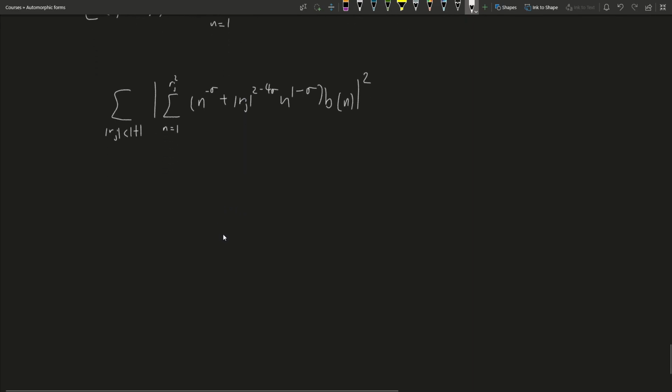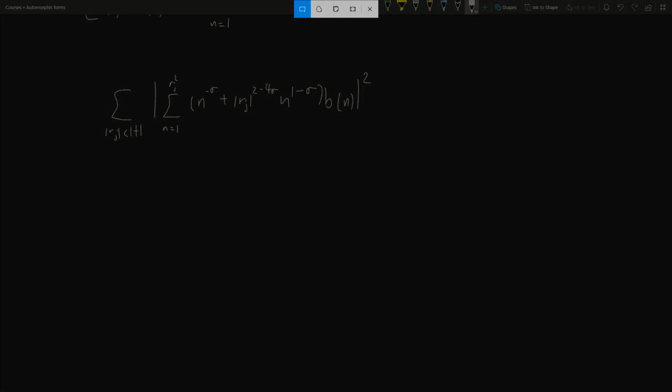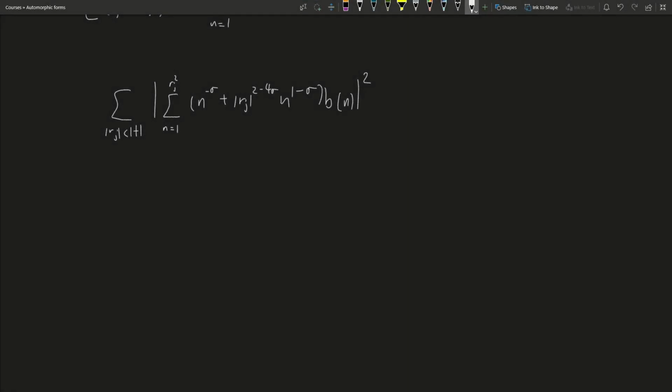And how do we estimate this? Well, this is where the spectral large sieve comes in. So let me copy paste from Hoffstein and Lee, that same arXiv preprint that they have.